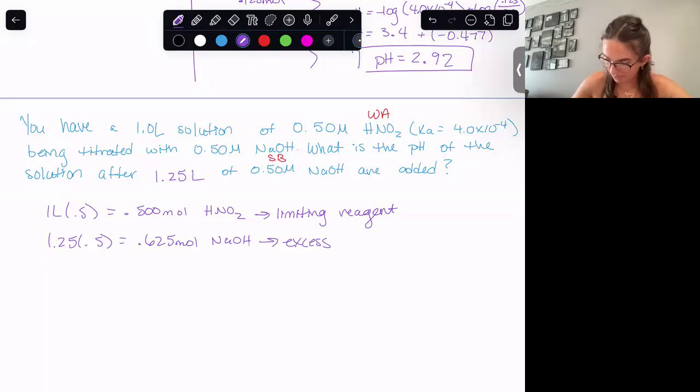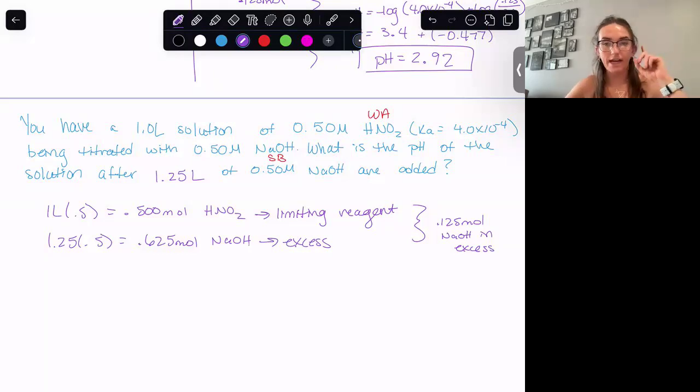You will have 0.125 moles of NaOH in excess. Right? We just subtracted 0.625 minus 0.5. This is when it's important because now you need to take volume into consideration. So you'll have 0.125 moles divided by 2.25 liters.